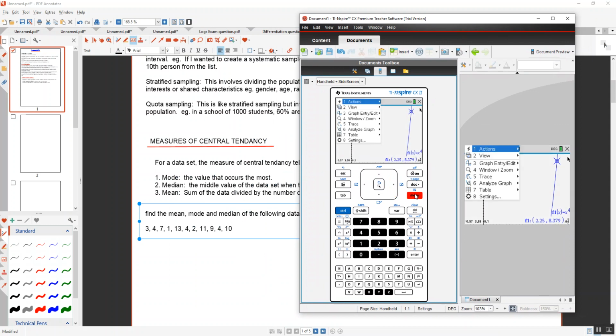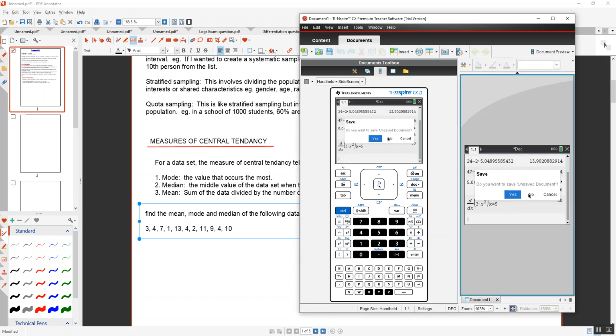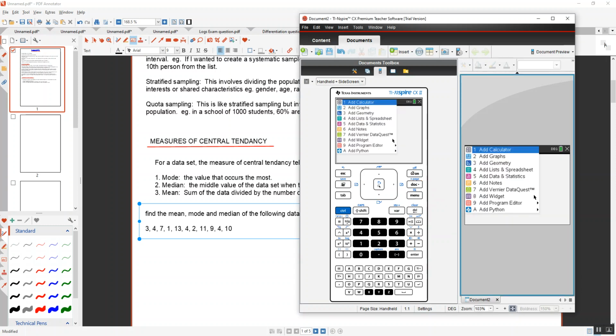But we're going to go to Document. We're going to go to File. We want to start a new one. Do you want to save that? No. Okay, so we want lists and spreadsheet.